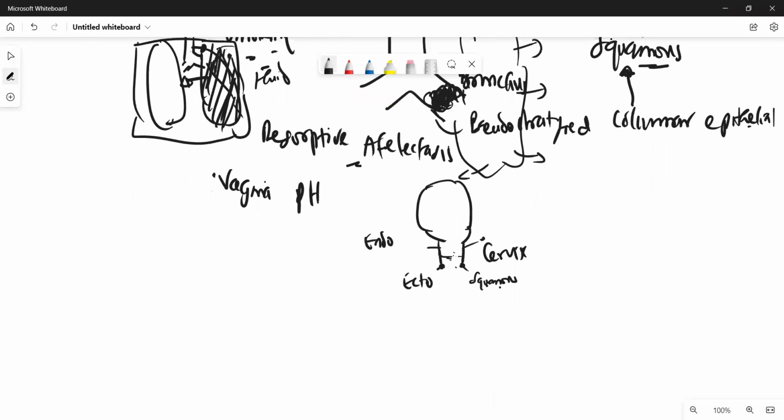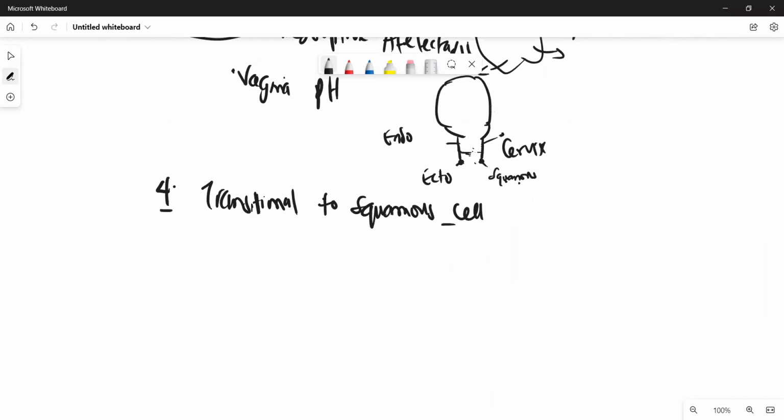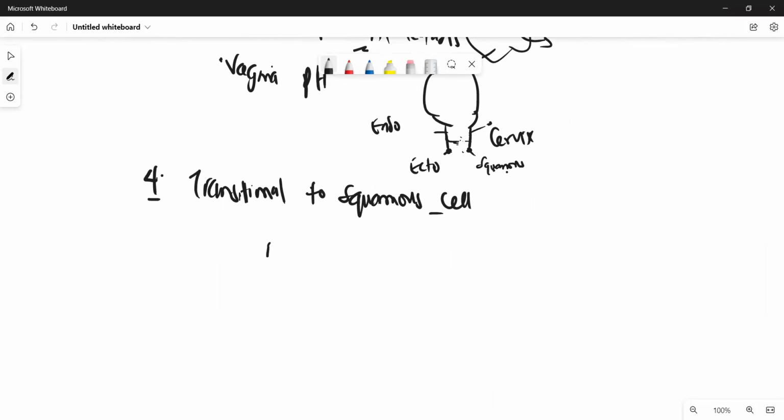So moving on to the number 4 example. The 4th example will be from transitional to squamous cell. And what is the location of transitional cell in our body? If you mention the urinary system, correct, right?